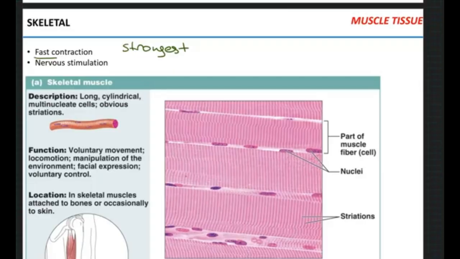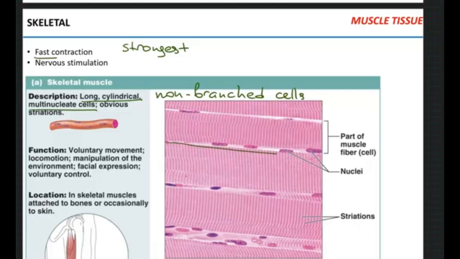Please understand, the most powerful contractions are contractions of the skeletal muscle. In terms of the shape, long, cylindrical, multi-nuclei. I'm going to add this. Non-branched cells. Each muscle cell effectively is a long, long band. Clear?